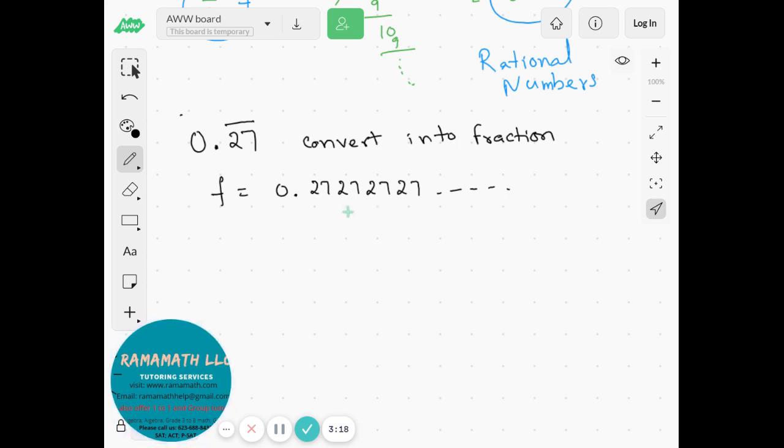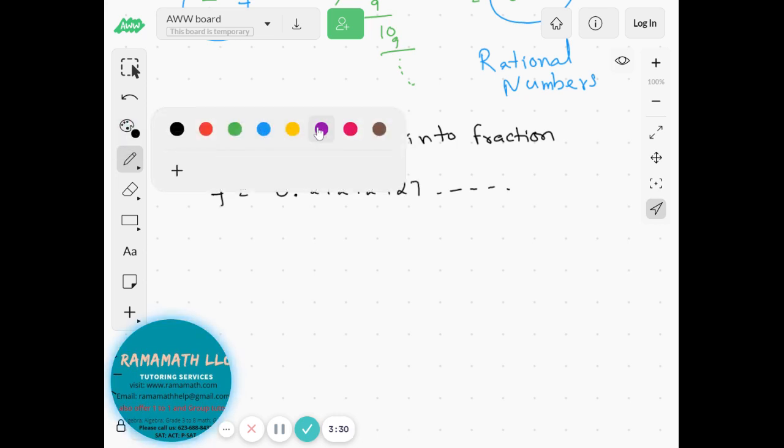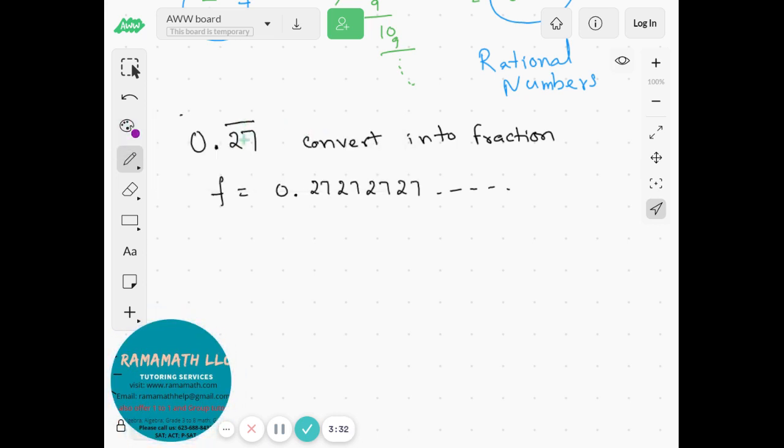That is good, but how do I get rid of the repeating stuff? You see the repeating part is 27, two digits are there.